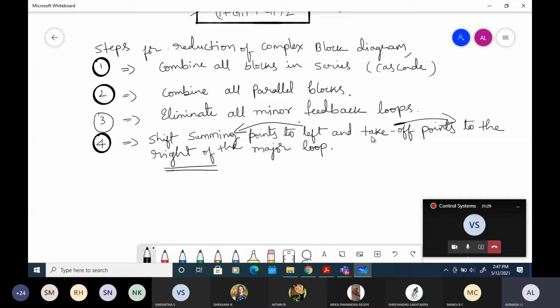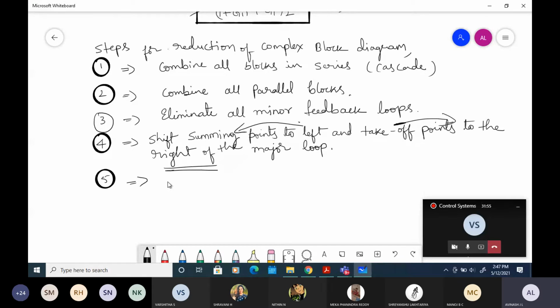If you do that, 90% of the times you will get minor feedback loops or a major loop, so that your reduction will become very simple. Is it clear to you? This is the fourth step. Always remember, shift the summing points left side, take off points right side.